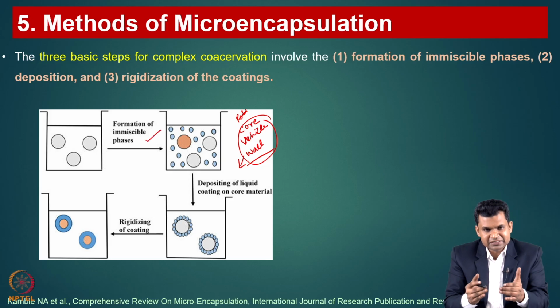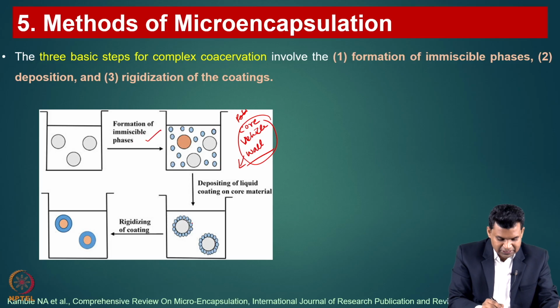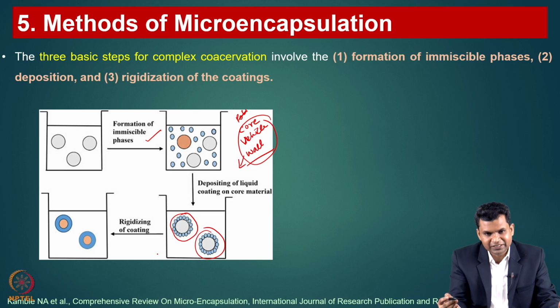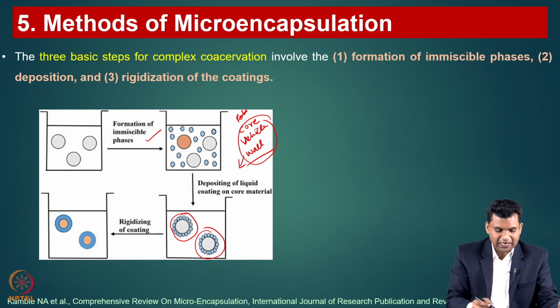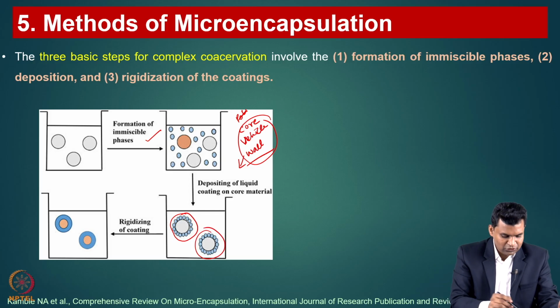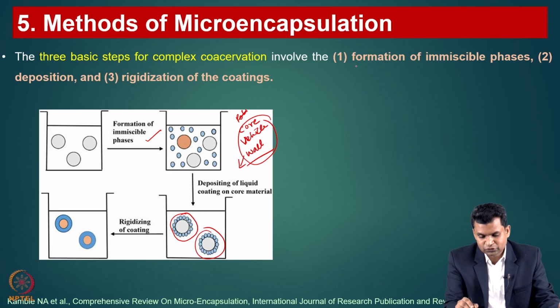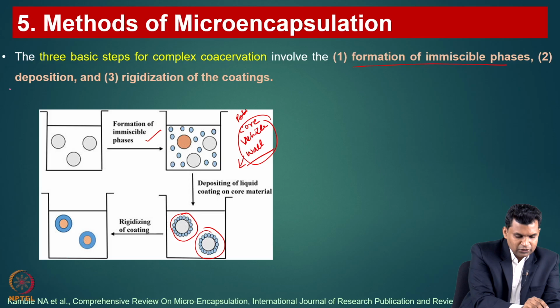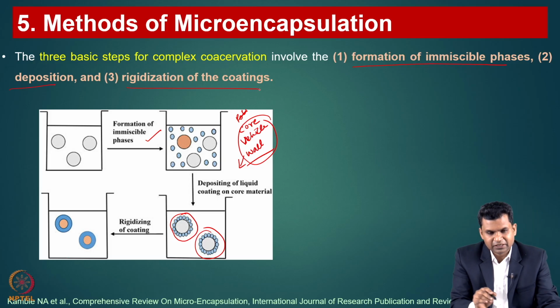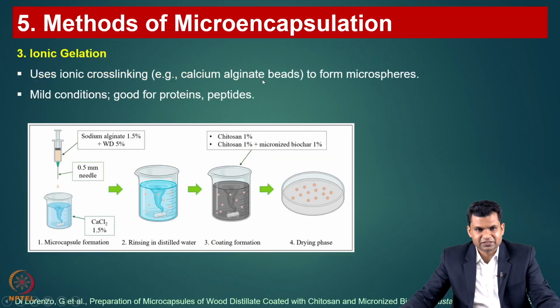After increasing this concentration, it starts forming the coating on the core material, and if you further increase the concentration of the opponent material, it will undergo rigidization. So, this can be classified into 3 things: formation of immiscible phases, deposition, and the rigidization of the coating materials.